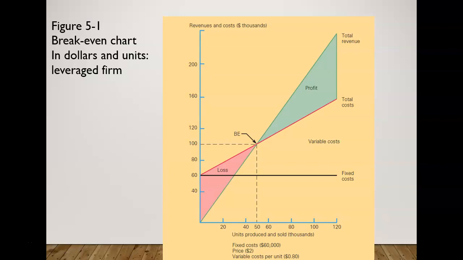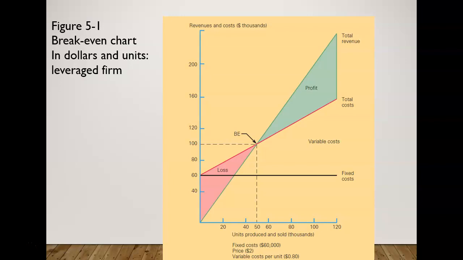Now, on the other hand, total revenue starts from zero. So if there's no production, no sales, then total revenue is zero. So if a company produces no goods, it will have zero revenue, but it will have total cost of $60,000. Right?